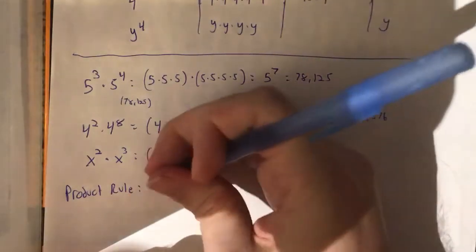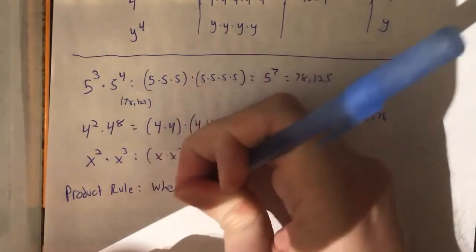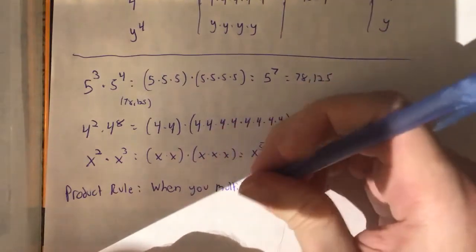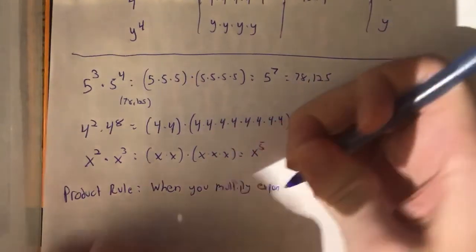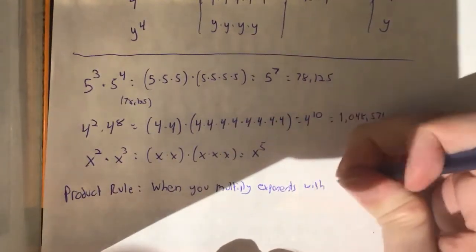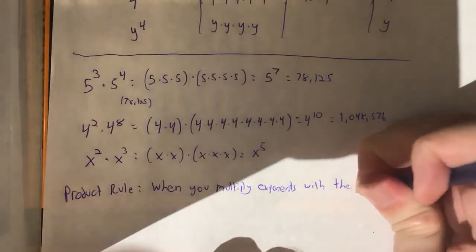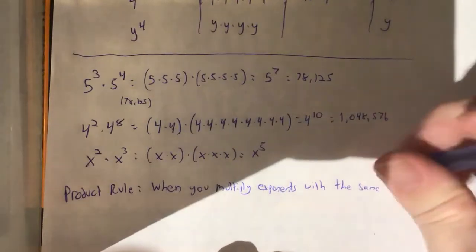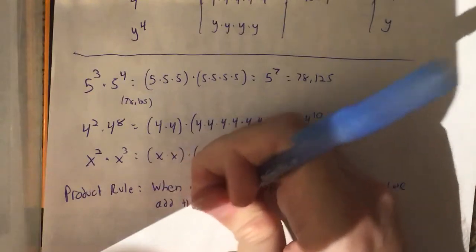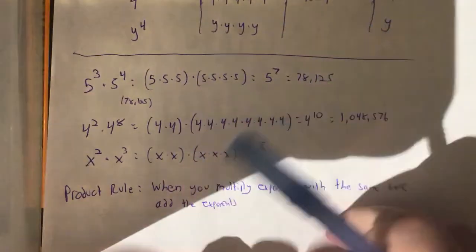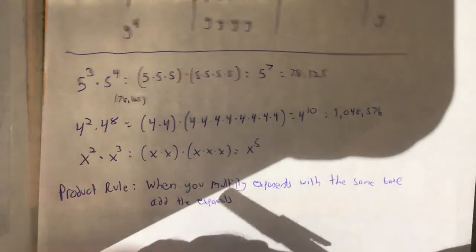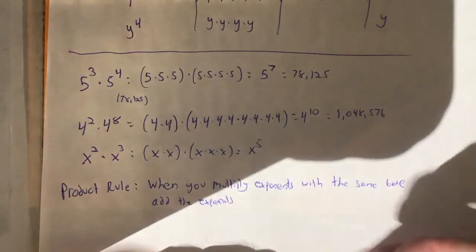So this just means when you multiply exponents with the same base, you add the exponents. So when I multiply exponents with the same base, I just add the exponents, and nothing happens to the base.